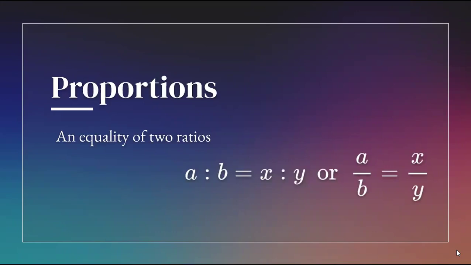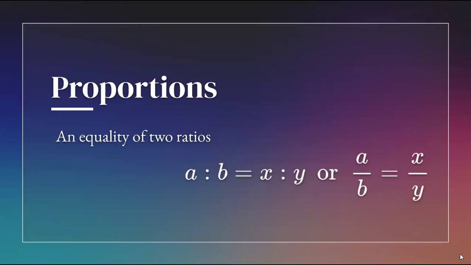Proportions are equalities of two ratios. So you can see here the two mathematical ways you would represent that. And typically you're going to want to work with them in fraction form because then you can just do math like you're used to doing.